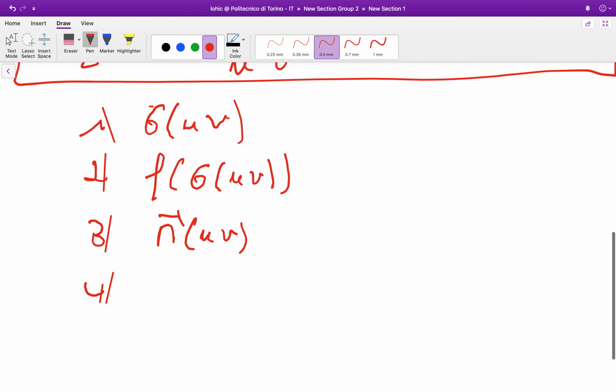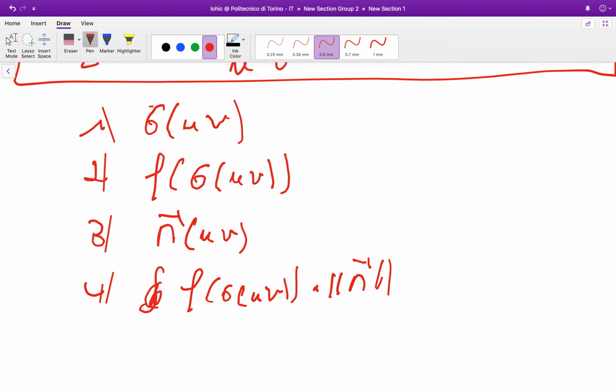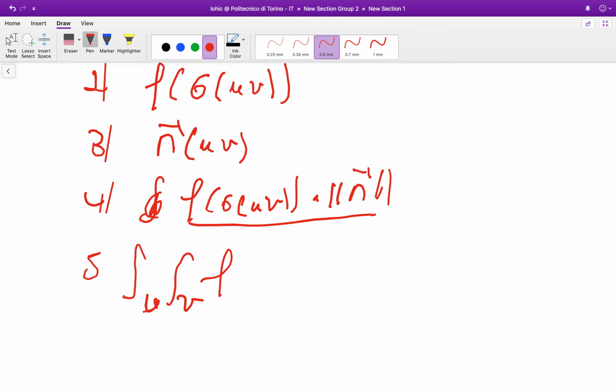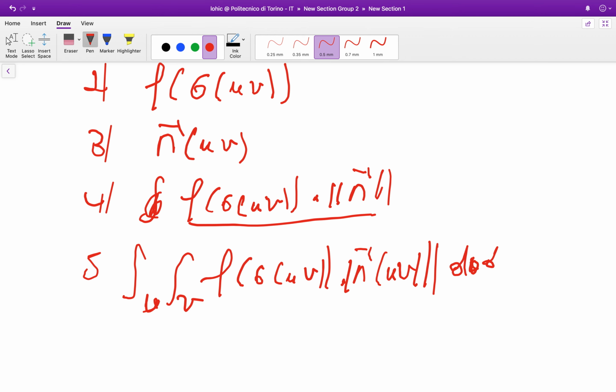Fourth thing, I should do f of sigma uv that I got before, multiplied by the modulus of n. Is that clear? And last thing, I should integrate on u and v this product, f of sigma uv times the modulus of n of uv, in du dv. Is that clear?